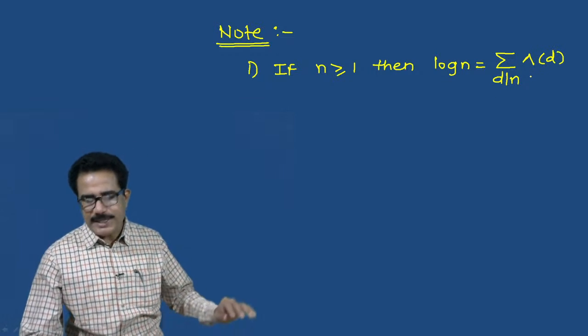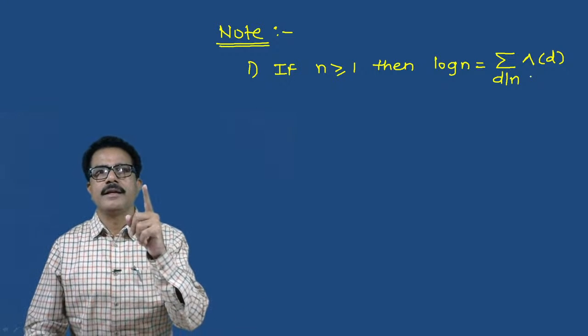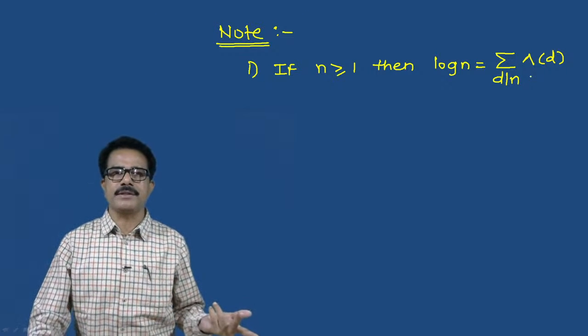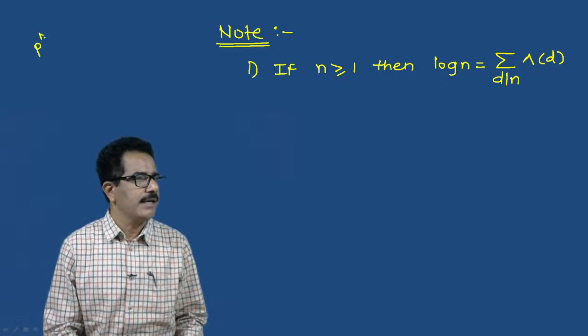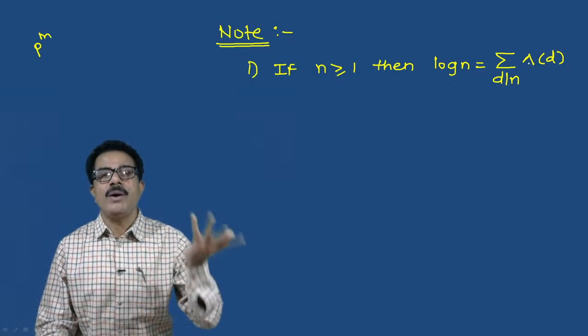That means log n means the Mangoldt function. Log n is equivalent to the Mangoldt function under the condition p raised to m. So we can write this in the form of a power.